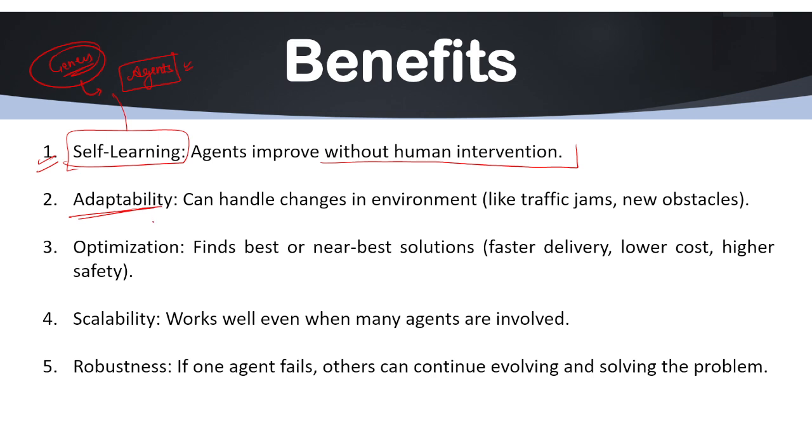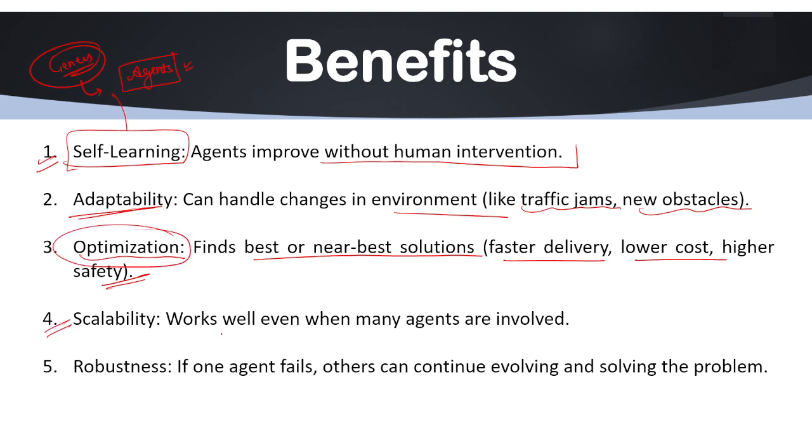Another benefit is adaptability. It can handle changes in the environment like traffic jams, new obstacles. Optimization: it finds best or near best solutions like fastest delivery, lower cost, higher safety. These are taken under the optimization algorithm.